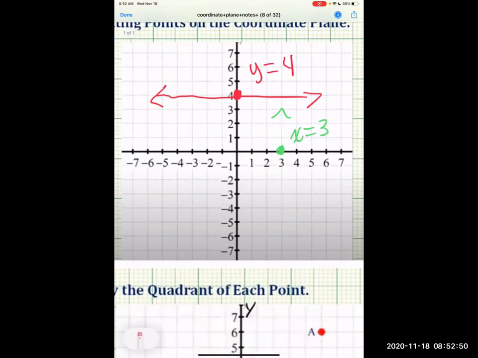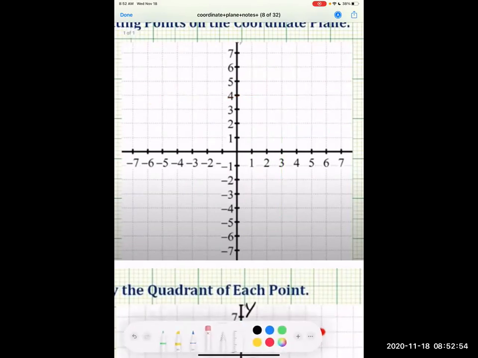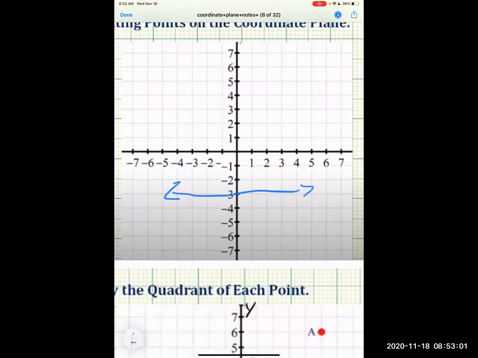Let's try one more. First, write the equation of the blue line, then write the equation of the green line.